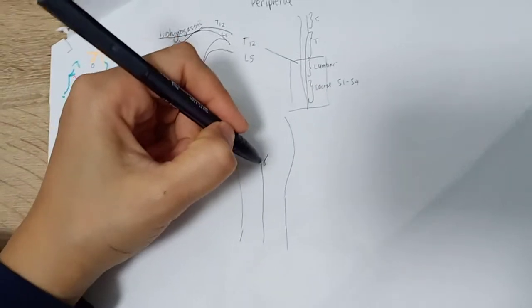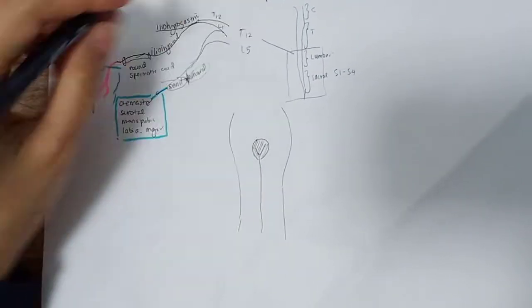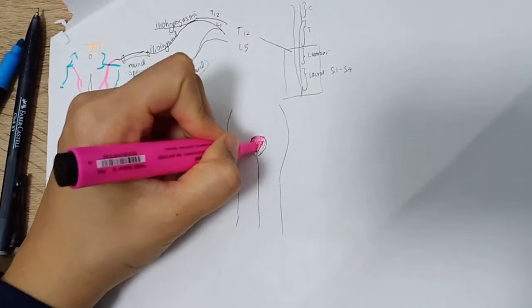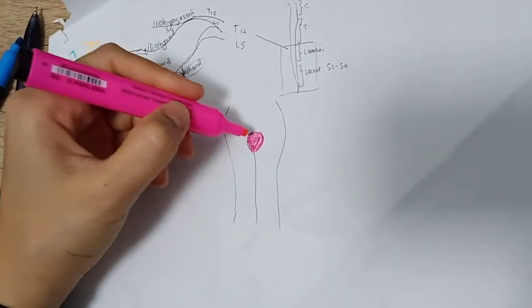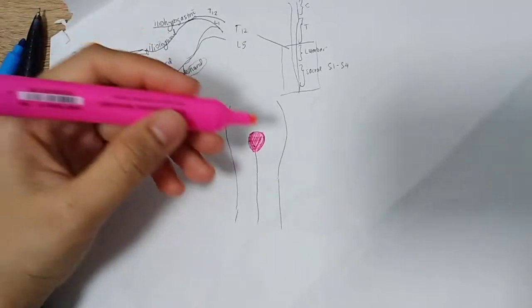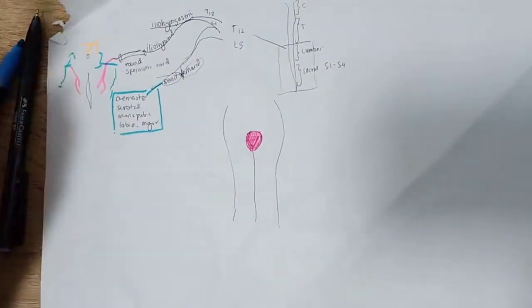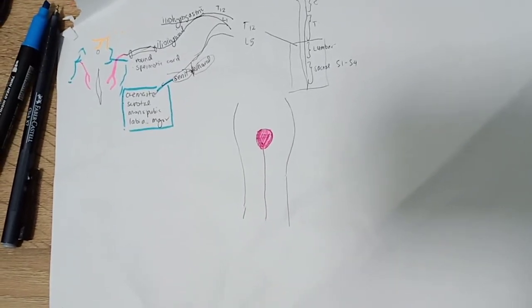So the ilioinguinal basically gives innervations to this part. It's pink in color. Since it gives innervations, there's no motor, there's nothing that can move there. So when there is compression on this nerve, it causes some pain, numbness, and tingling sensations over there.